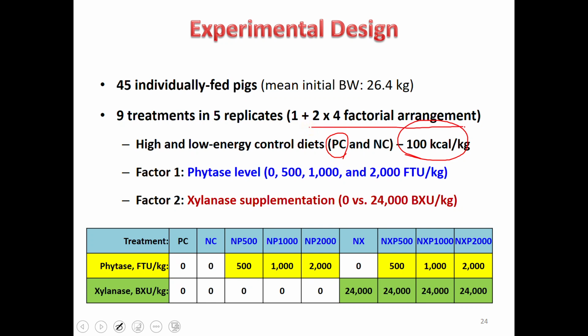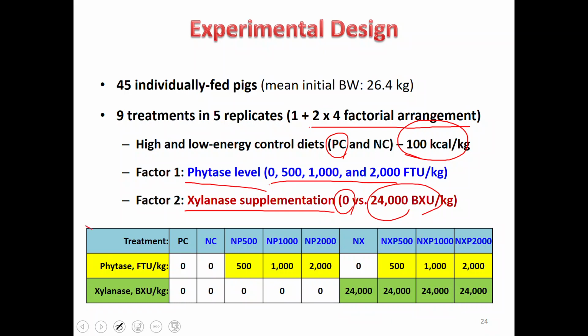And then we had a 2x4 factorial arrangement, with the first main factor being phytase level: 500, 1000, and 2000 FTU per kilogram diet, and then Xylanase supplementation, without Xylanase or with 24,000 BXU Xylanase per kilogram diet.